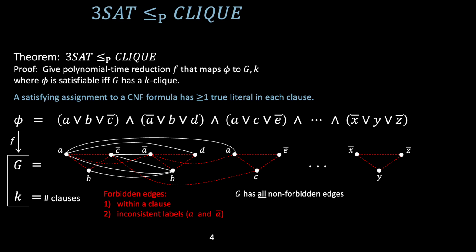K, what is that? Thinking about 3-SAT, it's 3 things in an OR, ANDed together. K is going to be my number of clauses.